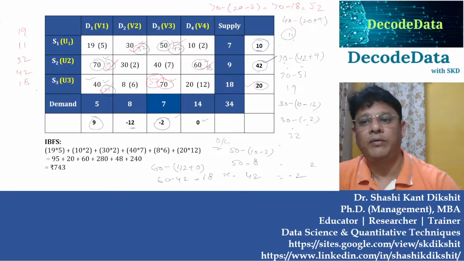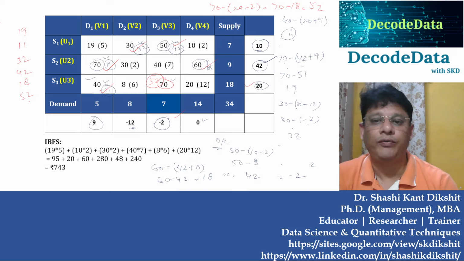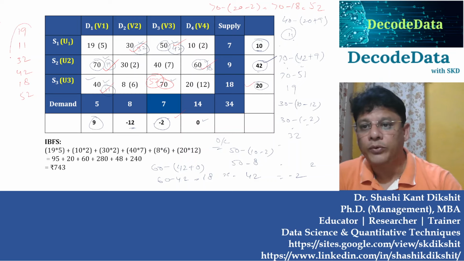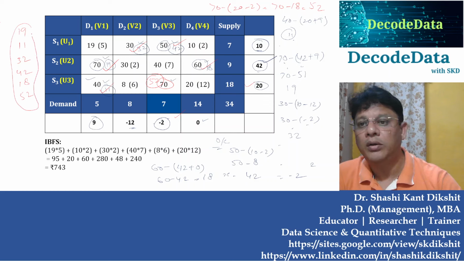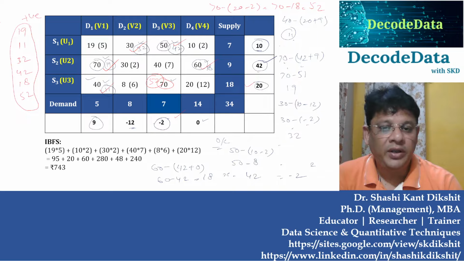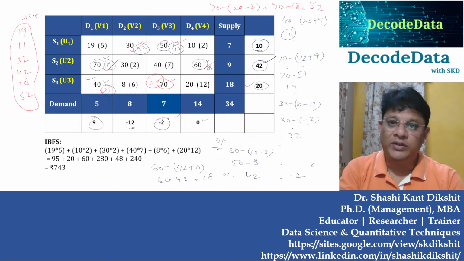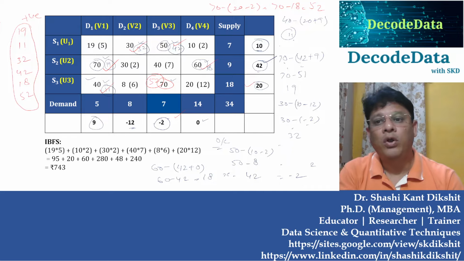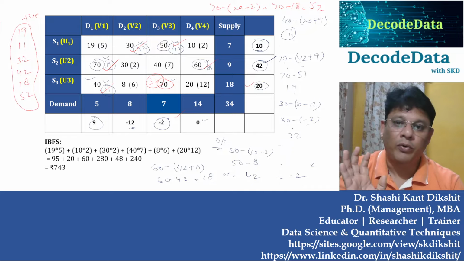Just check if I have done right? So 52. So now just see, all the opportunity costs are positive. All are positive. What this indicates, that any of these vacant cells, if we allocate whatever, the cost will increase because the numbers are positive.